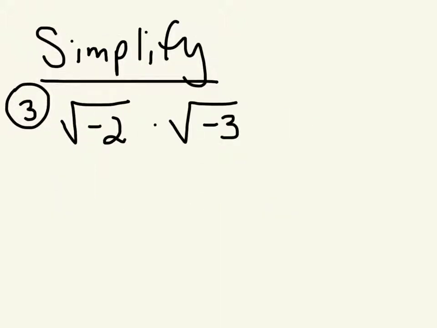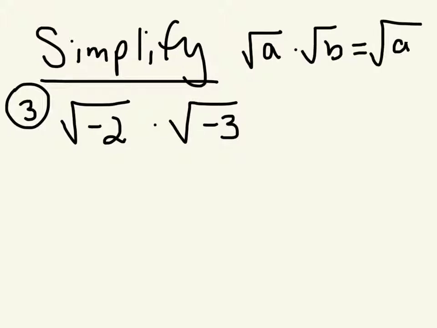Now let's simplify an expression equivalent to the square root of negative 2 times the square root of negative 3. Now we have to be careful here, since our product property, the square root of a times the square root of b equals the square root of a times b, only applies to values of a and b that are positive. So we can't simply use this property to simplify the square root of negative 2 times the square root of negative 3.